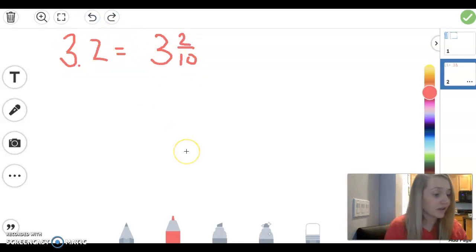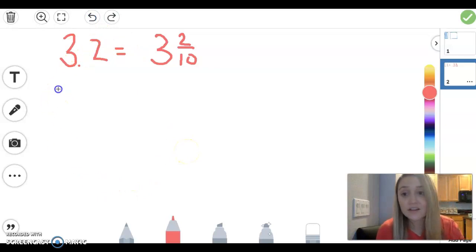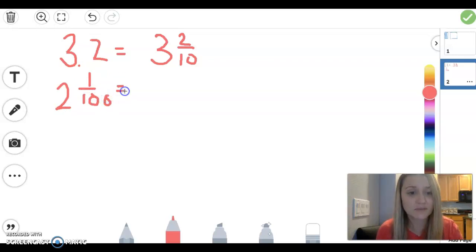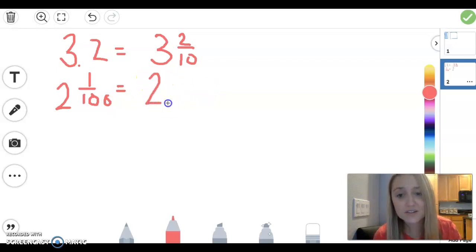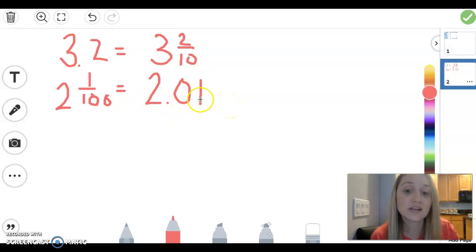Number 20 has 2 and 1 over 100. Here they did it backwards, so your numbers might be a little off today with the math lesson, so that way you can do a little bit of all. It's 2.01. The important thing about this too is 2 and 1 hundredths. There's nothing in the tens place here.